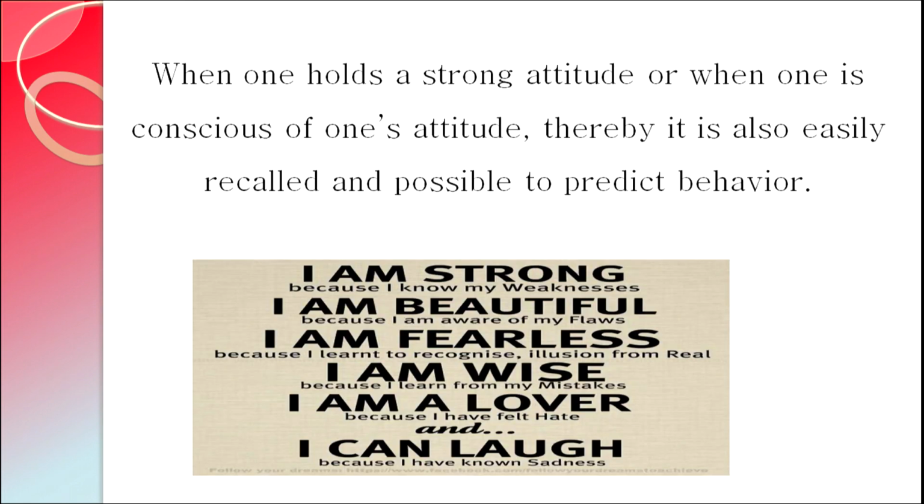When one holds a very strong attitude, or when one is conscious of one's attitude, it is also easily recalled and it is possible to predict behavior. For example, if you hold for yourself that you are very strong, it is likely to predict your behavior, which means that you would behave strongly in an emergency situation.